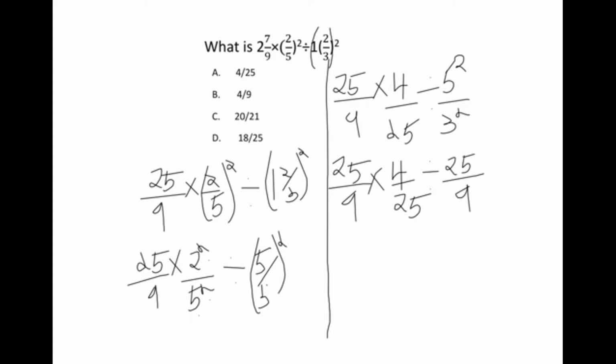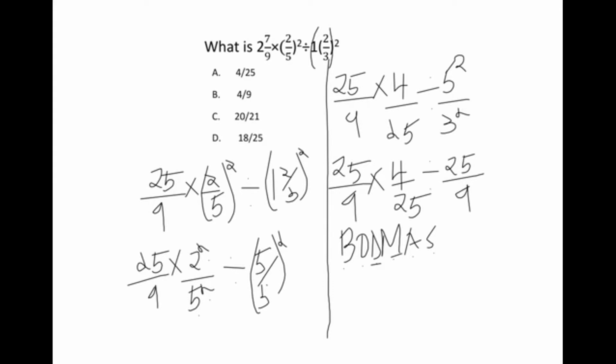From here we use BODMAS. BODMAS is brackets, division, multiplication, addition and subtraction. So we have multiplication and division. In this case, division comes first before multiplication.